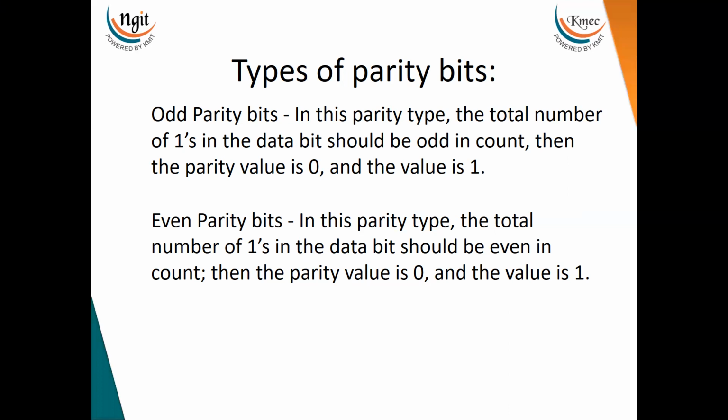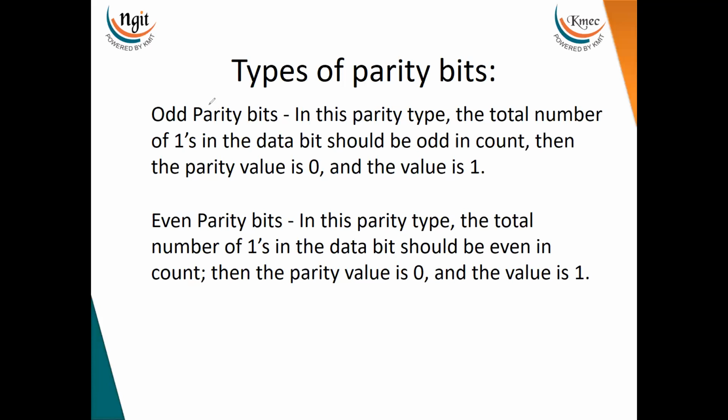What is meant by odd parity? In this parity type, the total number of ones in the data bits should be odd in count. Then the parity value is 0 or 1. Even parity bits mean that in this parity type, the total number of ones in the data should be even.